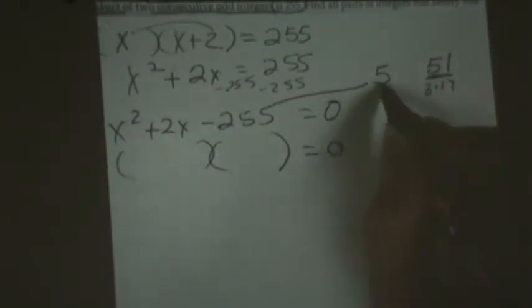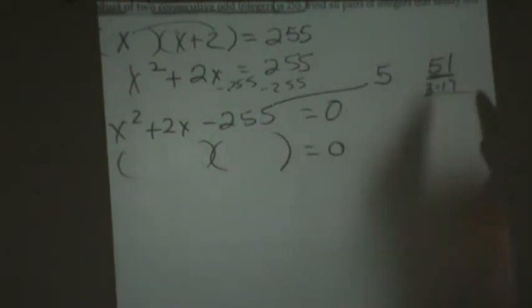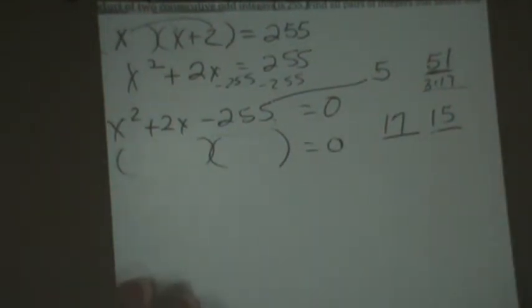Are they 3 times 17? Let's try 17, because we know 17 goes into it. This is 3 times 17. It's 5 times 3 times 17. So let's try 17. How many times will 17 go into it? 15? Okay, so that's them right there, 15 and 17.